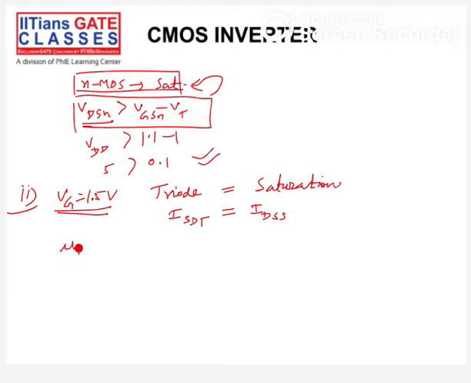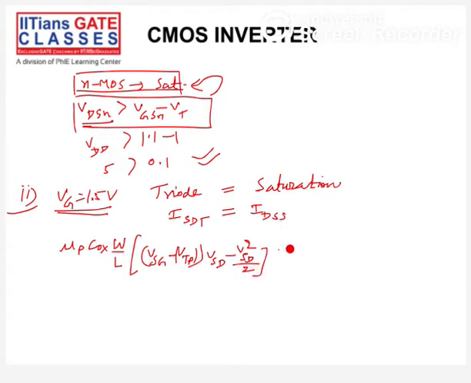Mu P C oxide, no divided by 2 in this case, C oxide into W by L into VSG minus VTP modulus into VSD minus VSD whole square divided by 2.